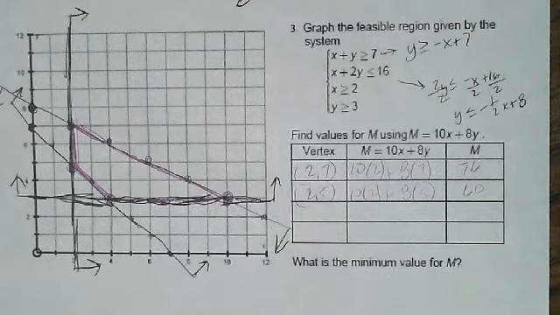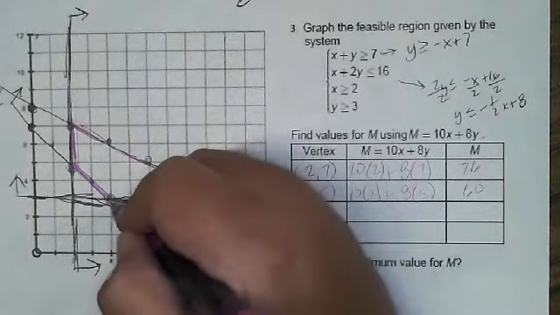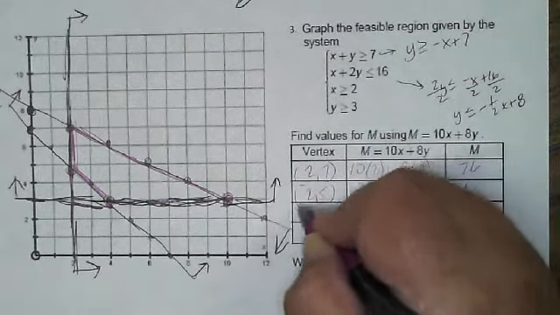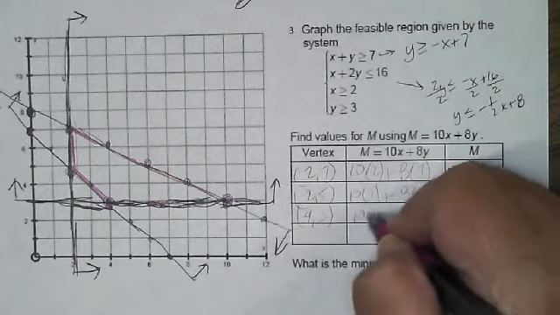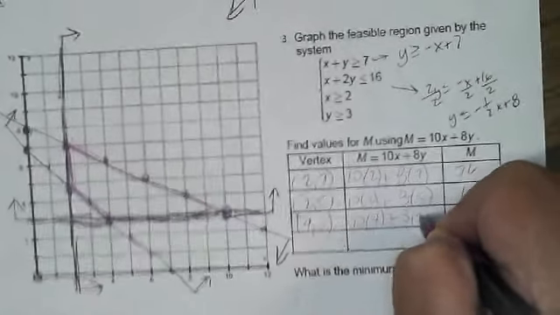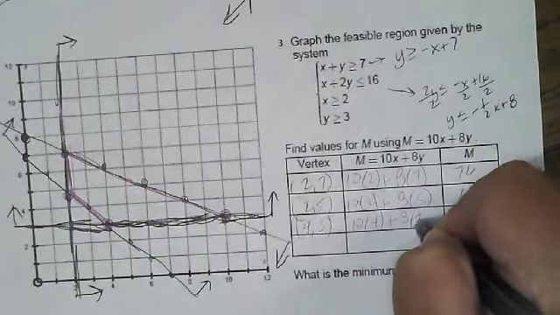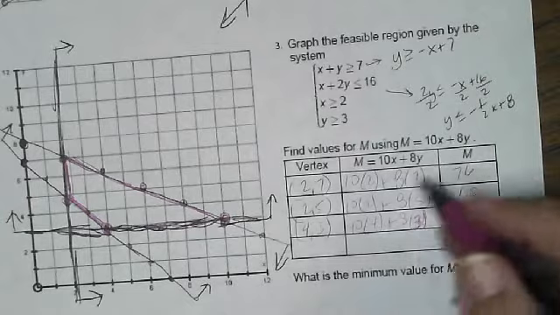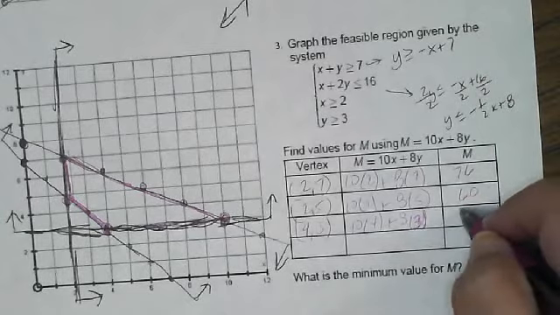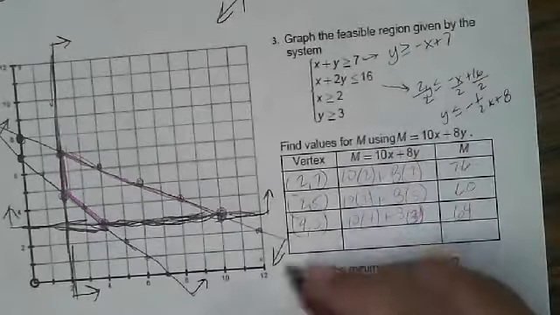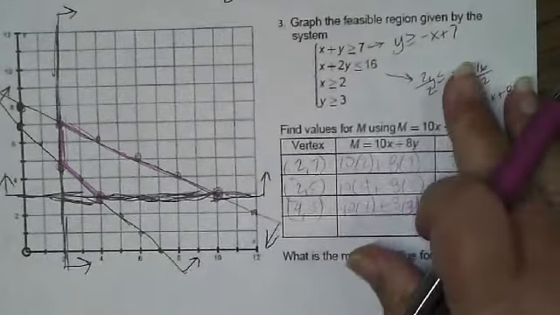Then we move on to this point right here, 4, 3. And that gives us 24 and 40, so 64. And the last one is 10, 3.